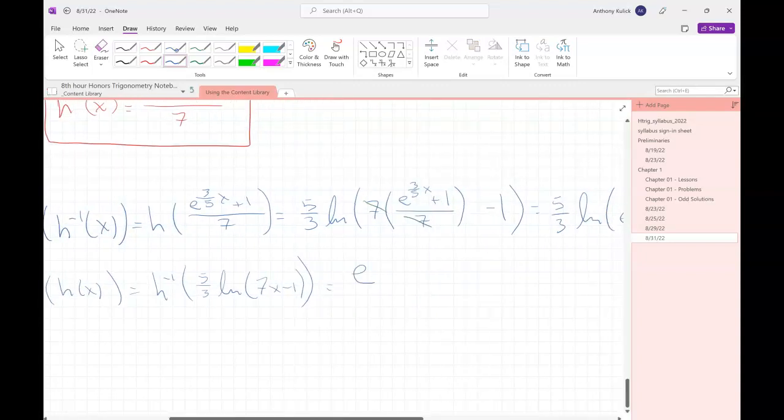So we're going to have e to the 5/3 times 3/5, then 5/3 natural log of 7x minus 1, plus 1 over 7.